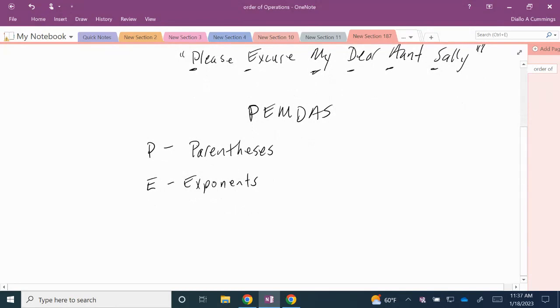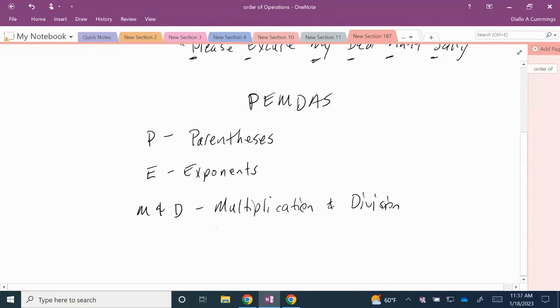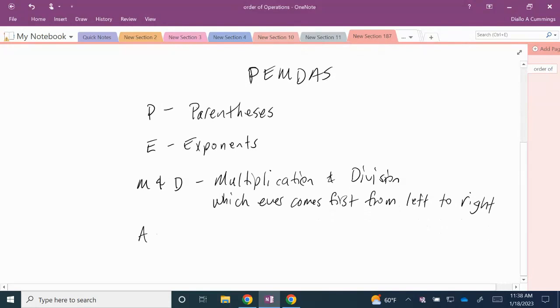The M and D go together. M and D are multiplication and division, with this stipulation: whichever comes first from left to right. And then the A and S are together, which stands for addition and subtraction.